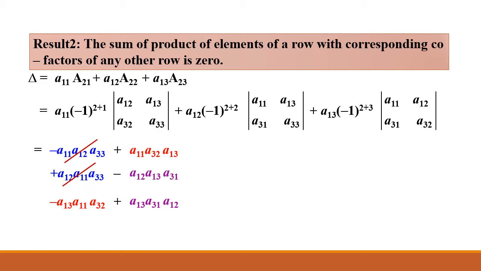So we can simplify it. On simplifying, we get the value as 0. So result 2 states that when we are considering the sum of the product of elements of a row with the corresponding cofactors of some other row, then always the value will be equal to 0.